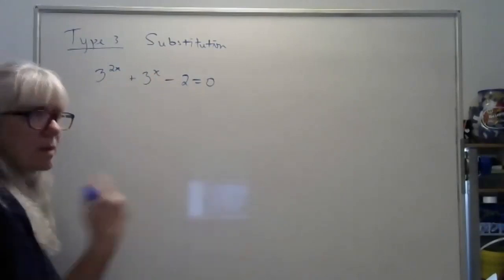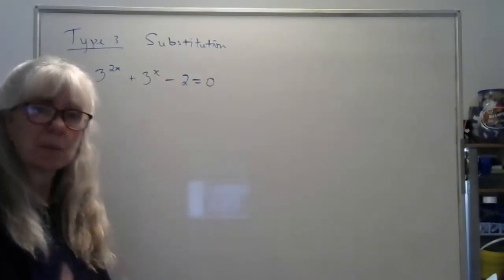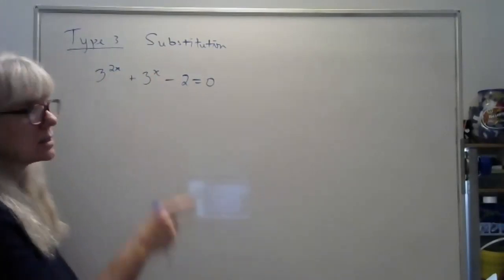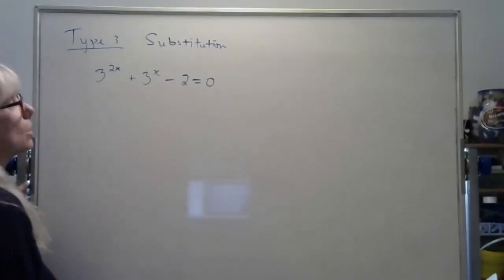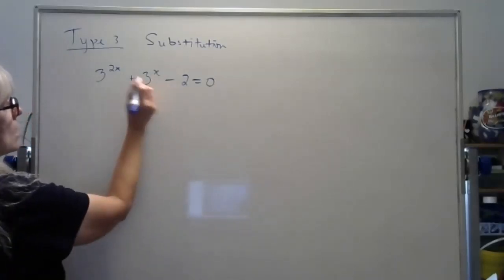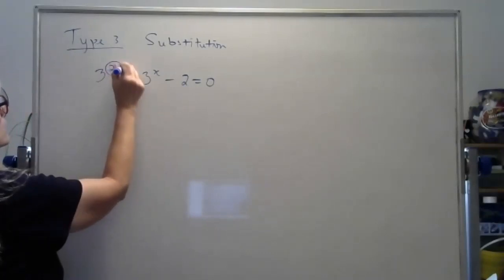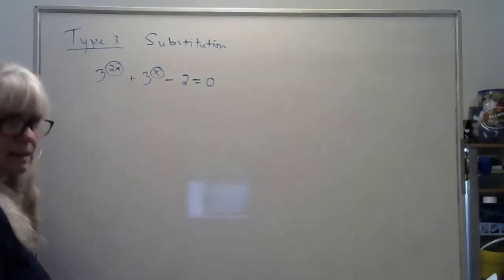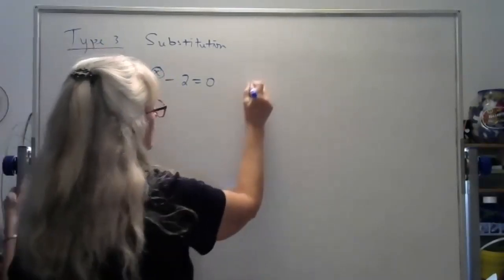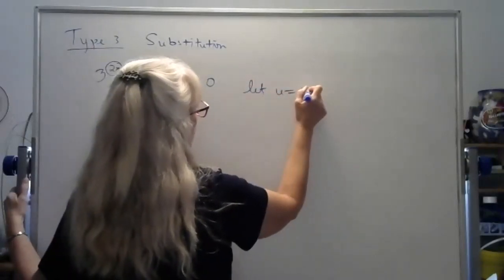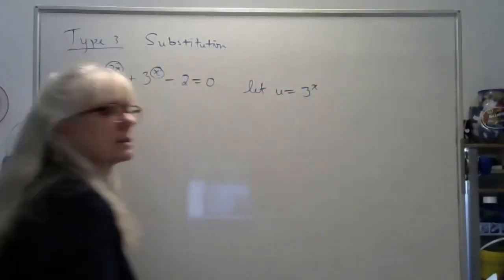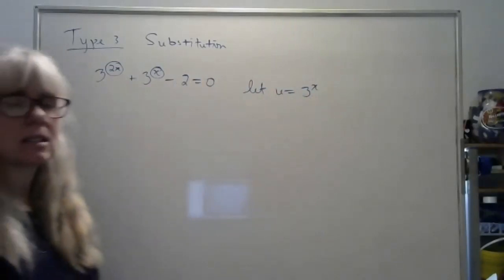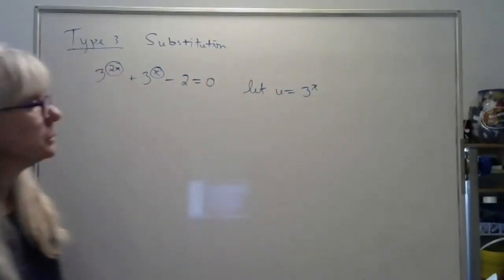And if you go all the way back to section 1.4, when we did substitution for the first time, you'll see that this is a quadratic in form kind of equation. So again, what's driving the conversation here is the fact that that's a 2x and that that's an x. So we're going to let u equal the middle term, 3 to the x, the whole thing this time, not just the variable, the whole part of it.